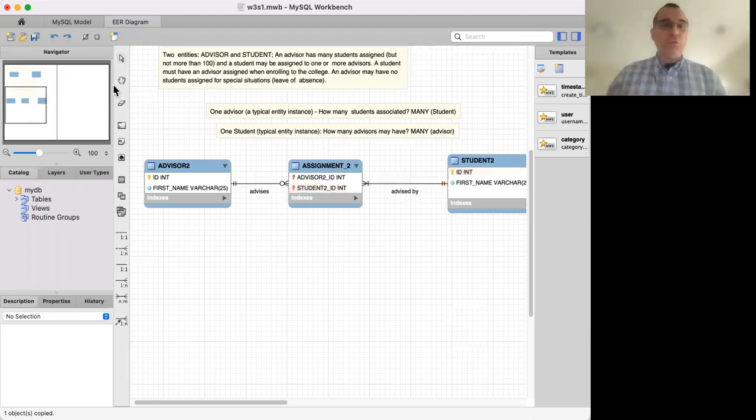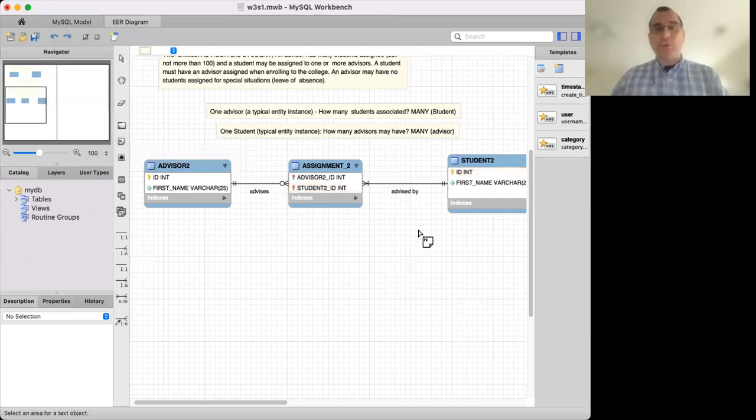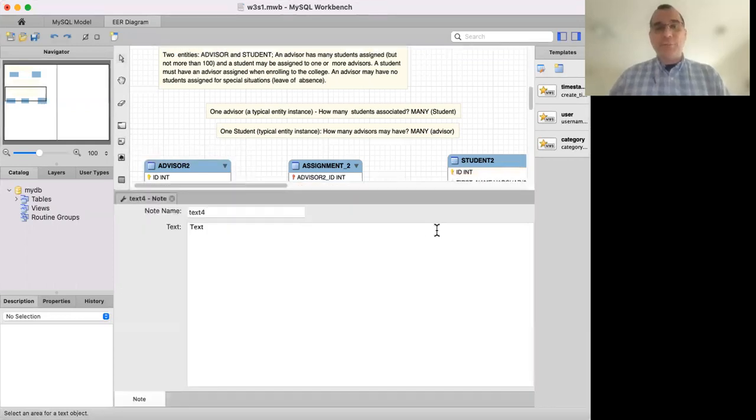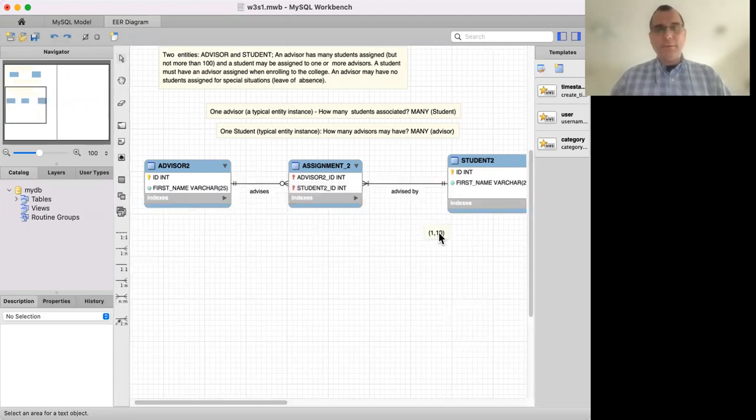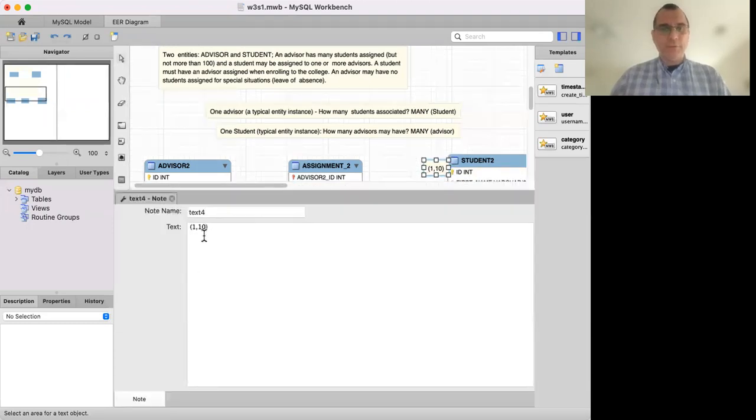So if we want to mark these on the diagram, and generally I don't mark the implicit ones, but if you are asked to mark them on your diagram, you will put something like this for this implicit cardinality. So it will be 1-to-1.